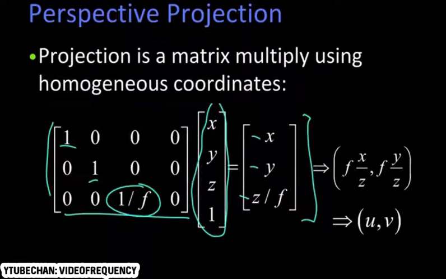And I can just keep this around as a homogeneous coordinate until I actually need to use it in an image. And when I use it as an image, I do the division of the top element by the homogeneous element, and I would get f times x over z and f times y over z, which, by the way, is sometimes called uv, and those are the coordinates in the image of some point x, y, z out in the world projected through a projection with a focal length of f.